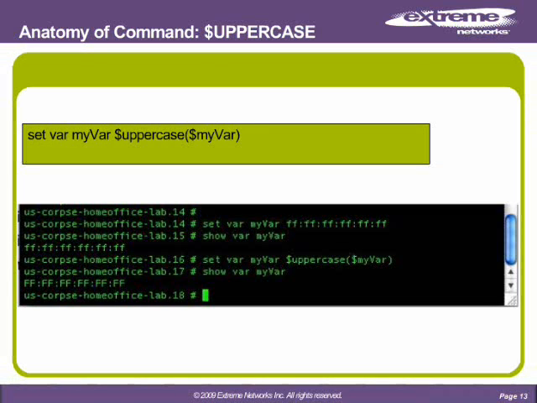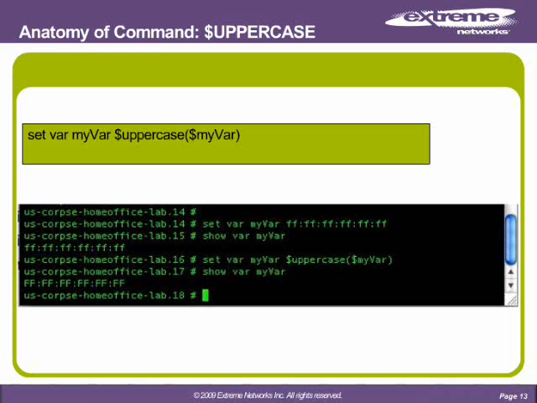Now we can see the captured output of the uppercase function in action, and we also demonstrate a concept of manipulating a variable while setting the variable. So in this case, we set var myvar uppercase, but we pass the uppercase function the myvar variable, and we demonstrate this output in the screen capture. If you look in the screen capture, we are initially setting the myvar to a broadcast MAC address. Then we show the variable that it exists.